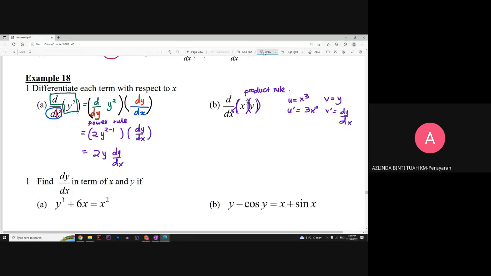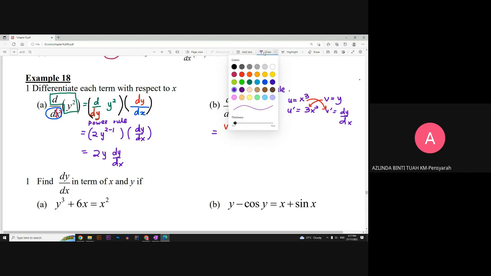Okay, by using the product rule, this is equal to, what is the formula? If you don't remember, you keep on writing the formula. V u prime, so we cross multiply here, plus u v prime. This with this. Okay, substitute into the formula.